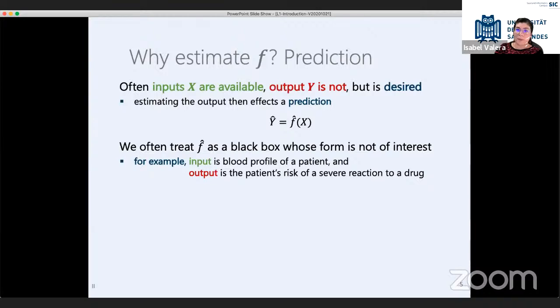Maybe the output is the risk of having a reaction to a particular drug or treatment, or any other cardiovascular disease risk, right? In general you are not going to observe it, but you just want to know the input-output relationship and get a better understanding of how the body reacts to different input features.